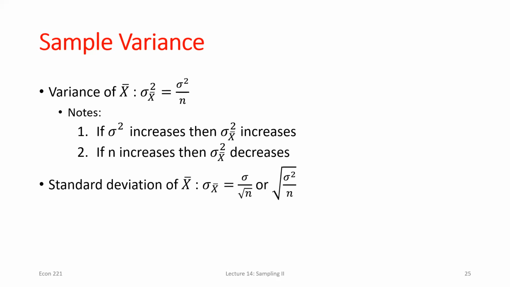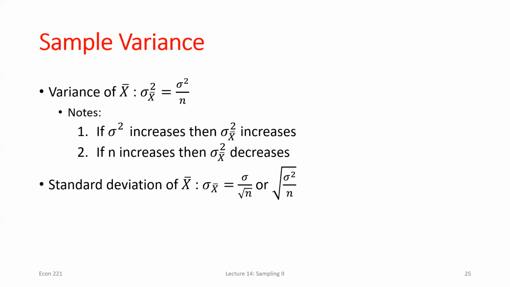And then for the standard deviation, once again, we just take the square root. I want to make this point because in the mathematics you'll sometimes see things written a little bit differently. If I'm thinking about the standard deviation of my sample means, I just take the variance of my sample means and take the square root.